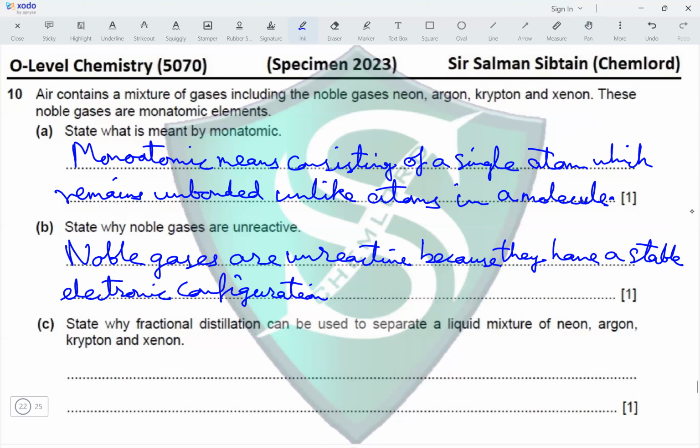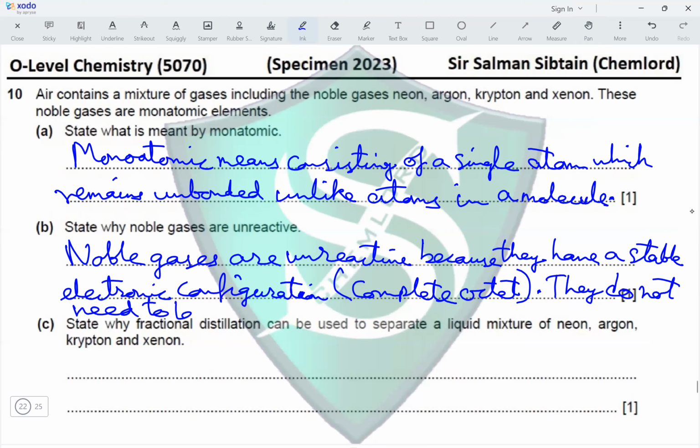You can also mention in brackets, they have a complete octet. Right? Now, because of this, what happens is they do not need to lose or gain electrons, and hence they are unreactive.